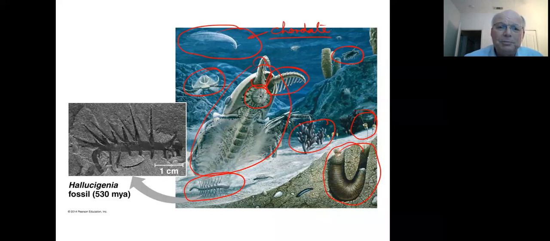The smallest one was about the size of a large toenail. The largest one was, if I remember rightly, almost 1 meter in length. So there was a grand diversity of this group of animals, but they were very aggressive predators, and they are arthropods. So these are very early arthropods, and they were the top predators of their day.